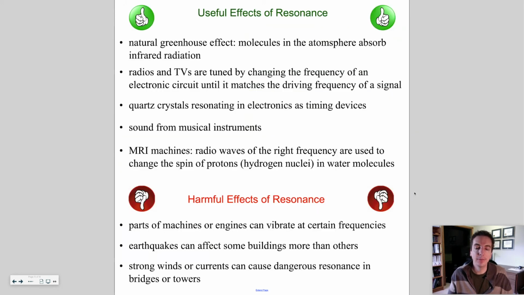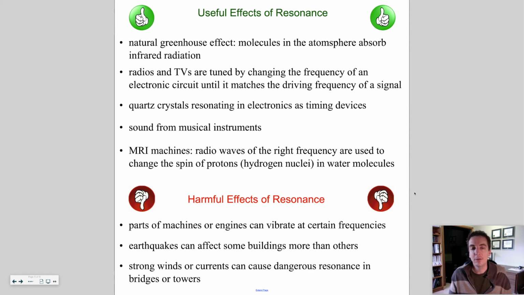Okay, and you do have to know about some useful effects of resonance and some harmful effects of resonance. They're listed in your book. I've decided to list them here as well. So, useful effects like the natural greenhouse effect. Molecules in the atmosphere absorb radiation, warm up the atmosphere to where life on Earth is a little bit more hospitable.